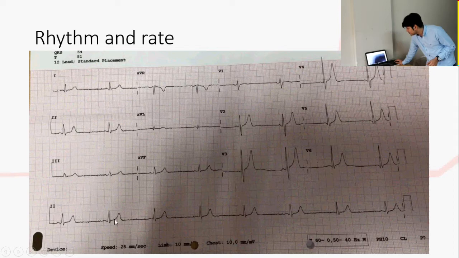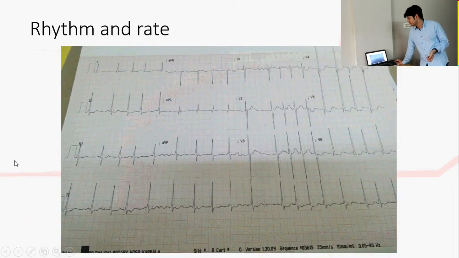But the large squares are a little easier to count. Let's start from here: 1, 2, 3, 4, 5, 6 and around 7. If we take it as 6, your answer will be 300 divided by 6, which gives 50. So the heart rate will be 50 here. A heart rate of less than 60 is bradycardia as a diagnosis.